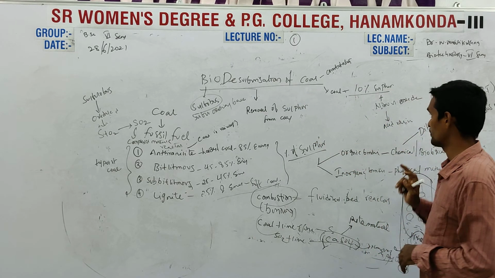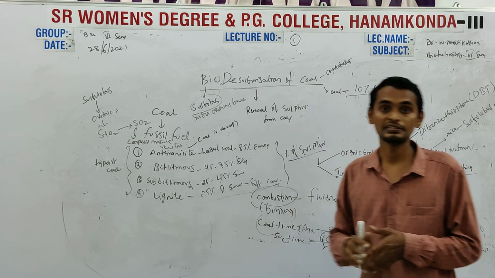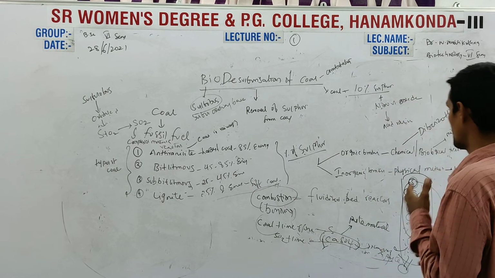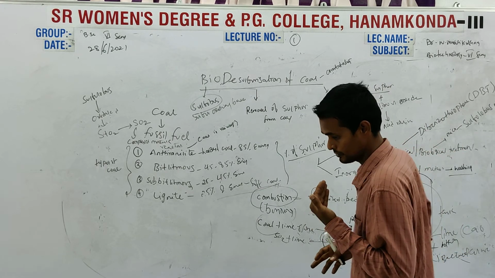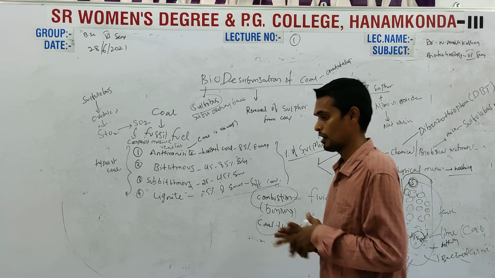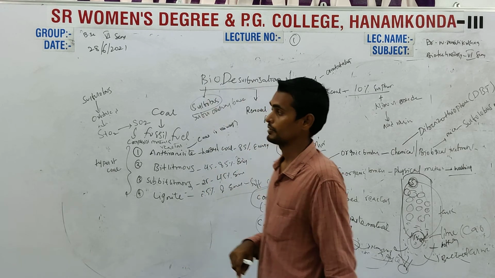Whenever the sulfur reacts with nitrous oxide, it creates acid rain, which is not good for the environment. In order to avoid acid rain, we go for different methods of desulfurization.